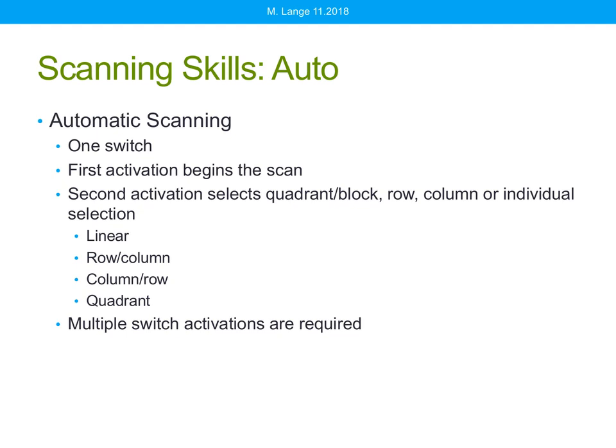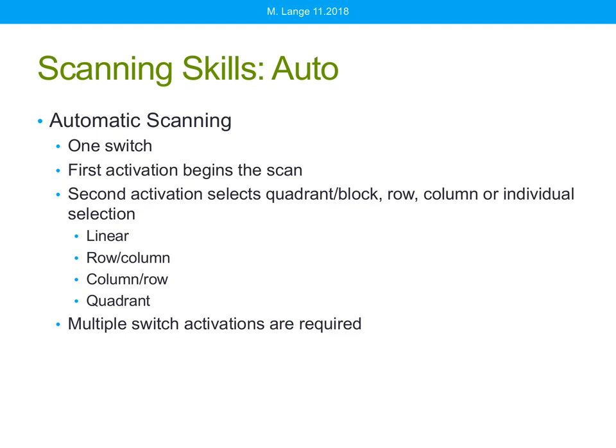So in automatic scanning, we use a single switch. We can use two switches with some of our strategies as well. The first time the client hits the switch, it begins the scan. The second activation selects from there. So depending on how we've set up the device, we might select a quadrant, a quarter of the screen, or other block, a row, a column, or an individual selection.